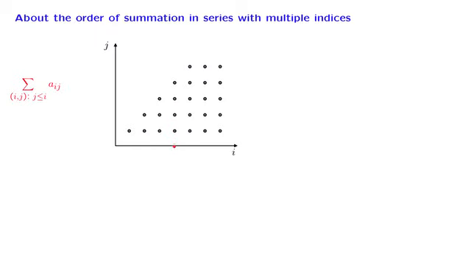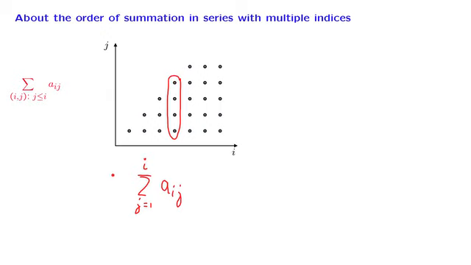One way is the following. We fix a value of i and we consider all the corresponding terms that correspond to different choices of j. But we only go up to the point where i is equal to j. This is the largest term. So what are we doing here? We're taking the coefficients aij, and we are adding over all j's, starting from 1, which corresponds to this term, and j goes up to the point where it becomes equal to i.